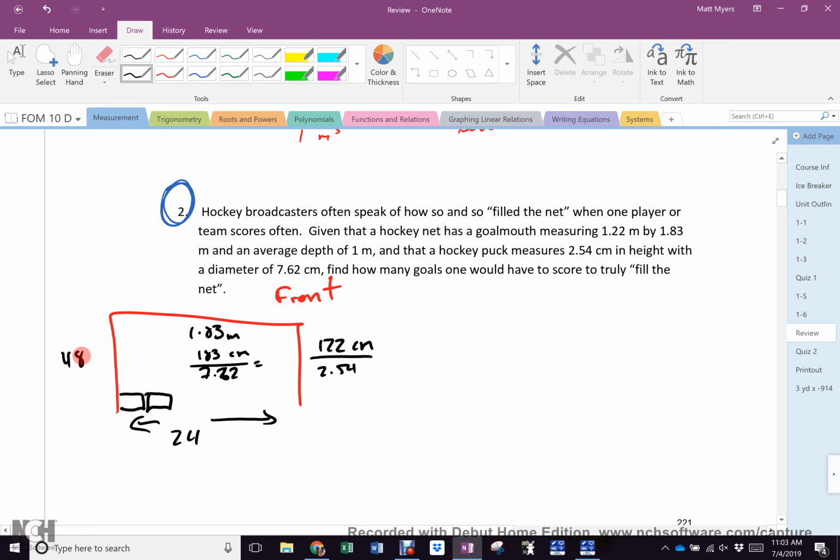So when I look at the very front of the net, I can have 1,152 pucks in the front because I can go 24 across and 48 up. Everybody cool? But when I'm looking from the top downwards, I can also go back 100 centimeters, and pucks are 7.62.